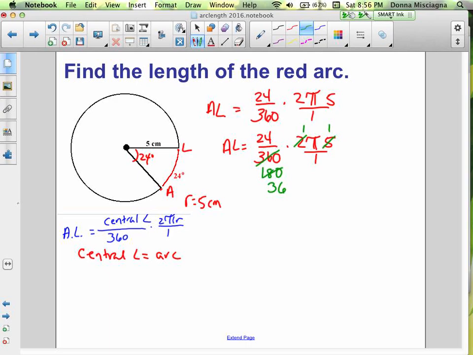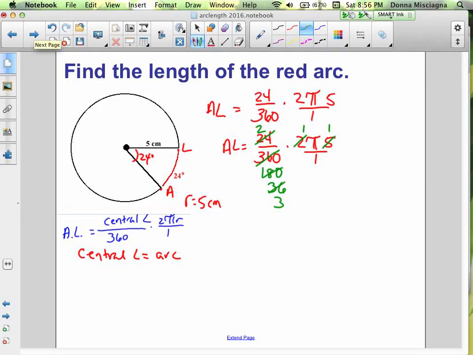Maybe they're divisible by something larger, like a 12. And 24 and 36 are both divisible by 12. I'm just going to choose the largest, just so it doesn't get too busy up here. So 24 divided by 12 would be 2, and 36 divided by 12 would be 3.